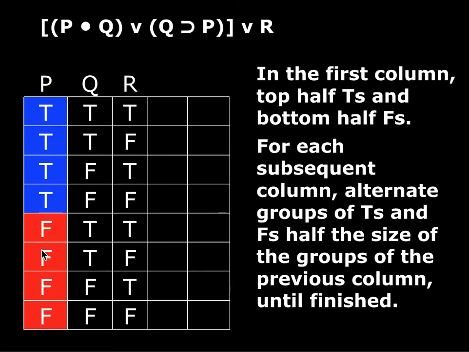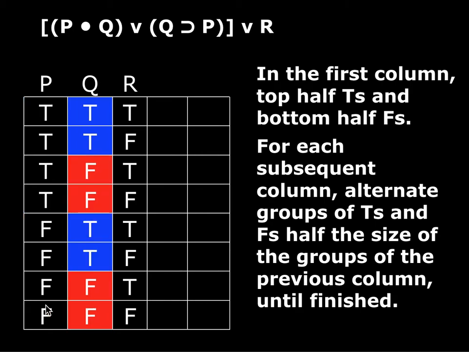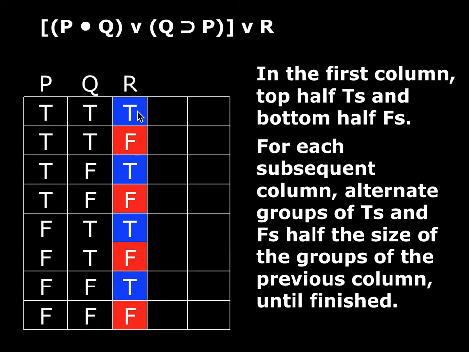The first column: top half T's, bottom half F's. Then you move over by 1 and alternate by groups half as big. So instead of alternating by 4s, you alternate by 2s: true, true, false, false, true, true, false, false. Then you move over 1 more and alternate by groups half as big as this. This was 2, so now we alternate by 1s: true, false, true, false, true, false, true, false.